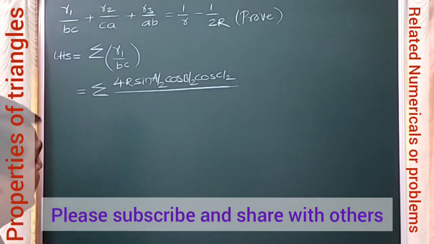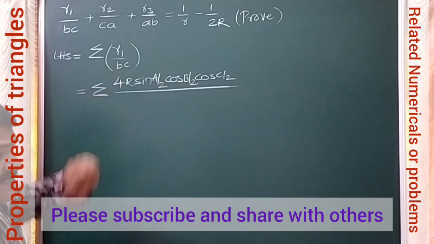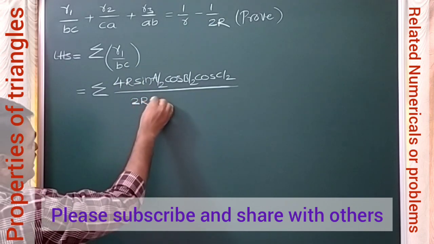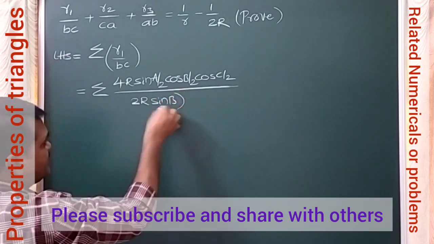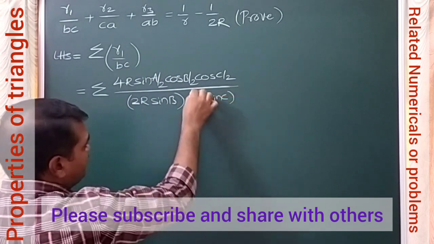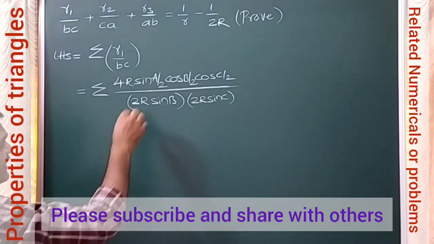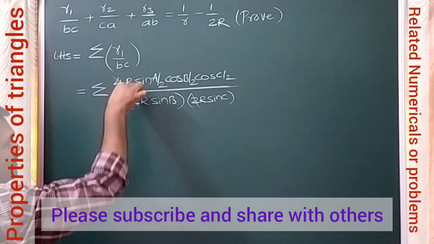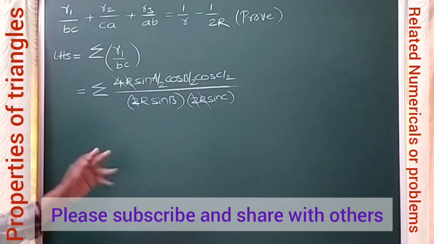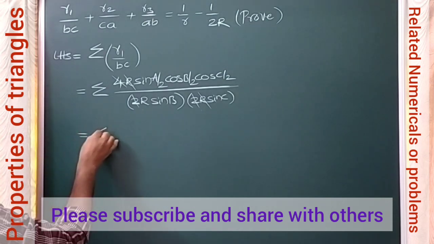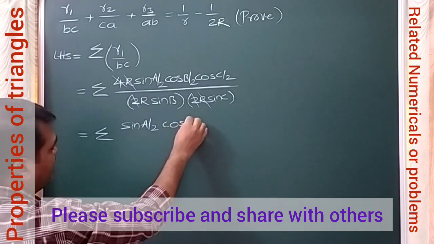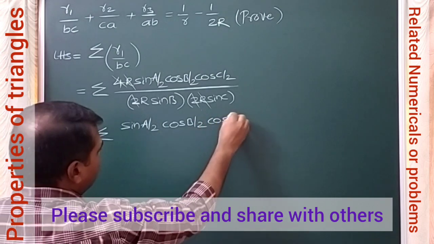And coming to the denominator, small b and small c sides, using sine rule we can write b as 2R sin B and c as 2R sin C. Now I will cancel 2 and this 4, and I will cancel 1 capital R. Remaining part is summation of sin A by 2 cos B by 2 cos C by 2.